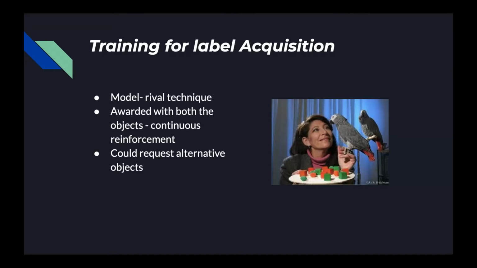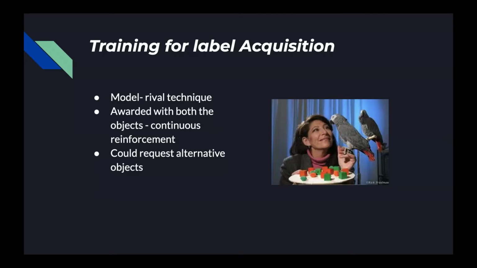The first human acts as the trainer. Depending on the question, he presents one, two, or as many objects as needed to the second human. Keep in mind that this is training for label acquisition, not training for same and different. So it's not necessary for the first trainer to introduce only two objects to the second human.